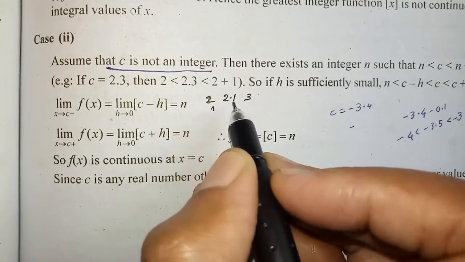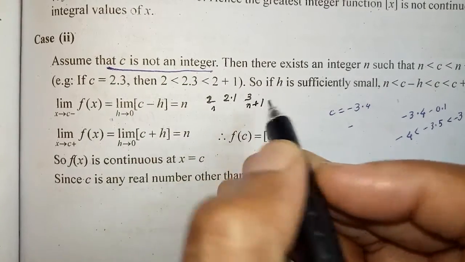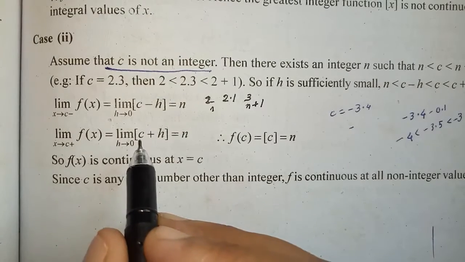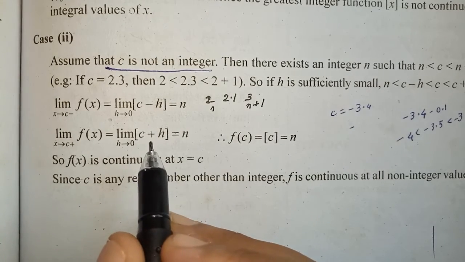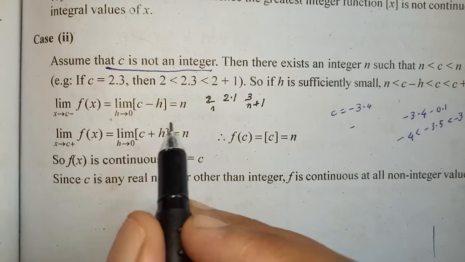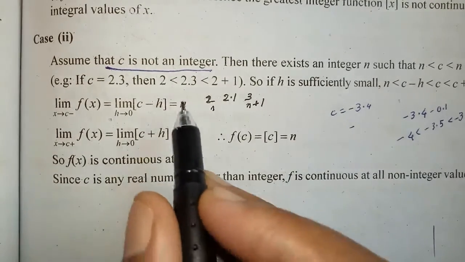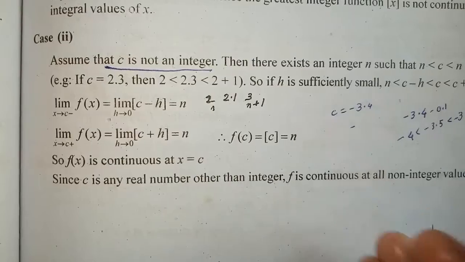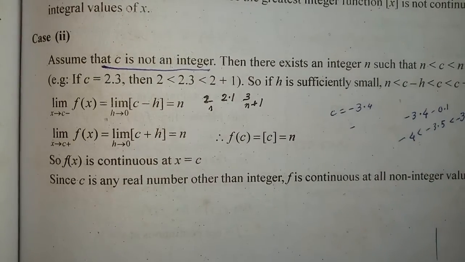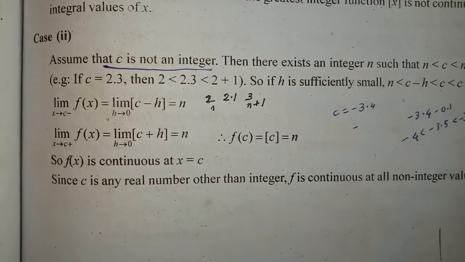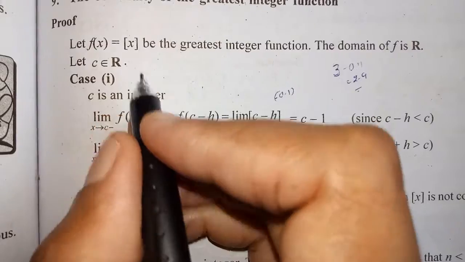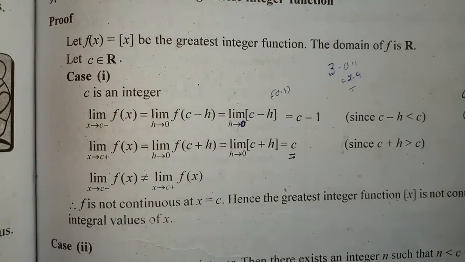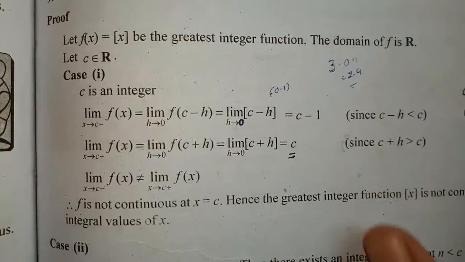This is n, this is n plus 1. Same if I take 2.1 plus 0.1, the greatest integer less than or equal to x will be 2. So both the values are n. If you specifically put examples, children, you will understand it. So f of x is continuous at c. Therefore, the greatest integer function is always continuous at non-integer values, whereas at integers it is discontinuous.